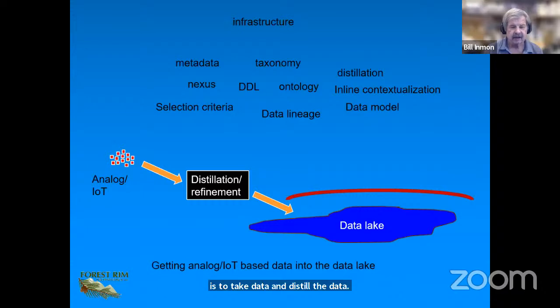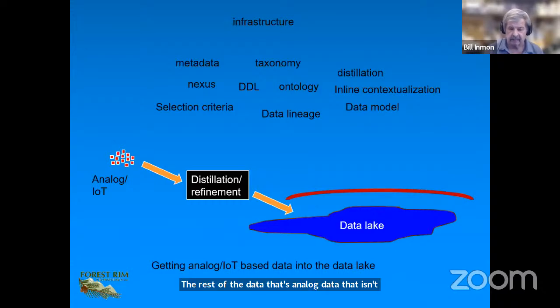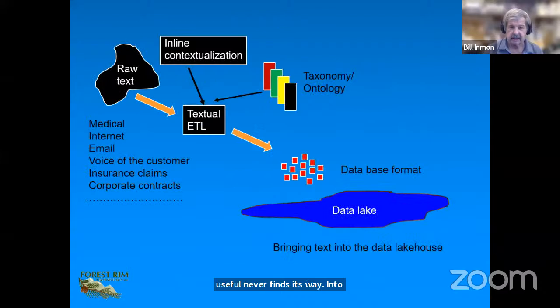We don't want to take all that massive amount of analog data and put it into our data lake. First off, it's not useful. Second off, it gets in the way. What we want to do is take our analog data and turn it into useful data by finding out what data is useful, and that's what we put into our data lake. The rest of the analog data that isn't useful never finds its way into our data lake.